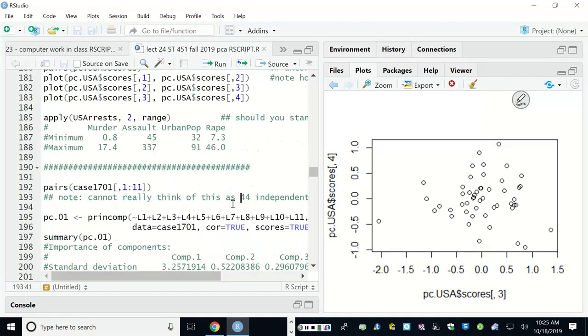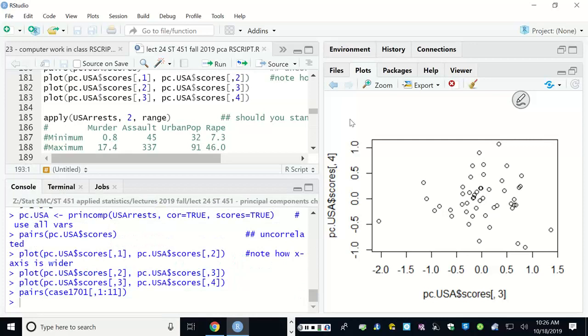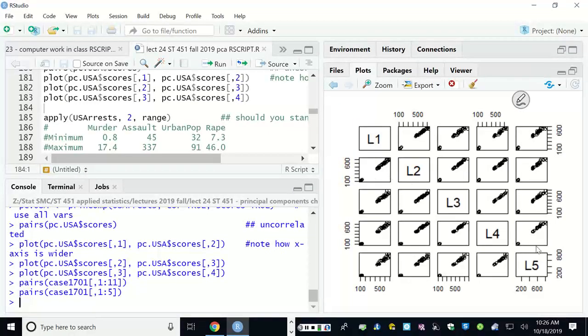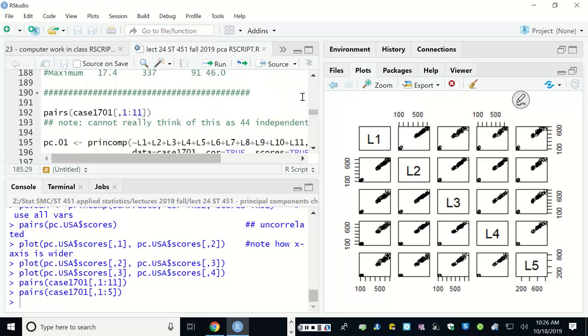So let's think about doing a couple of these things, right? In the first case study, well, you can't really see that, can you? If you do the first, say, 5 of these, there's these five different, they're highly correlated. And this is an experiment.